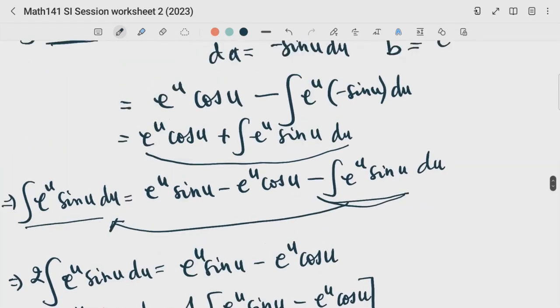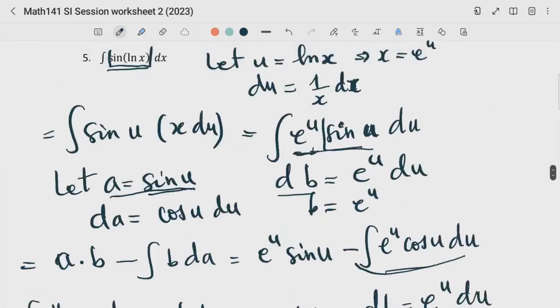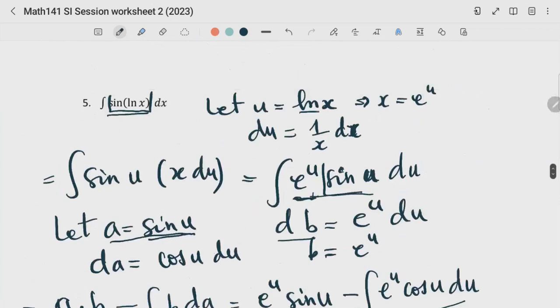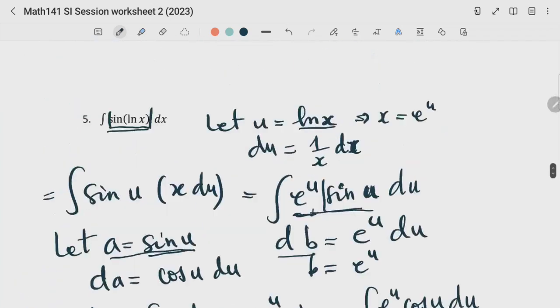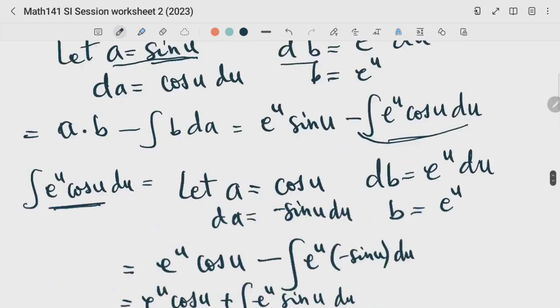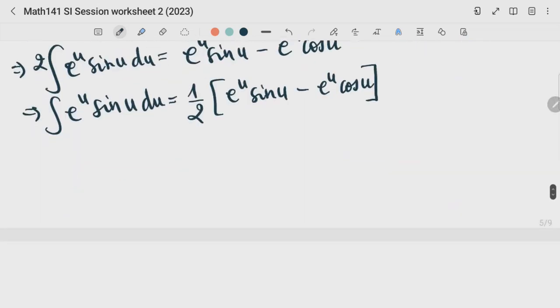Moving back to the original u substitution, which was u is equal to ln x, and x is just e to the u, this becomes our original expression.